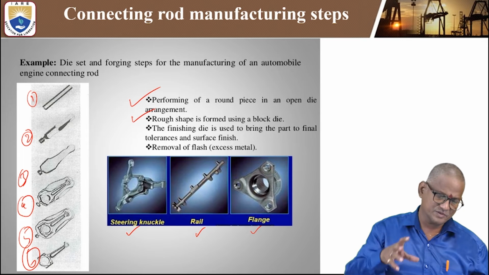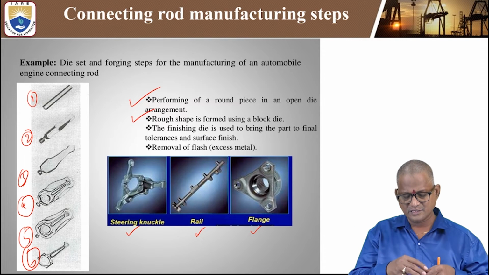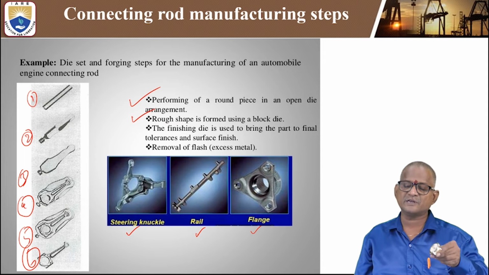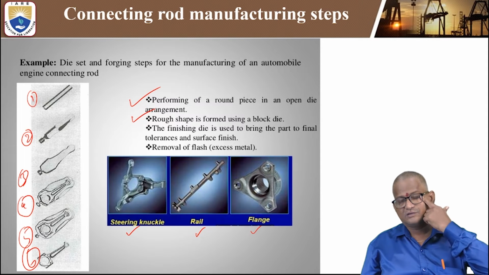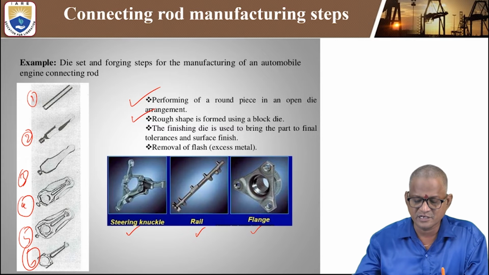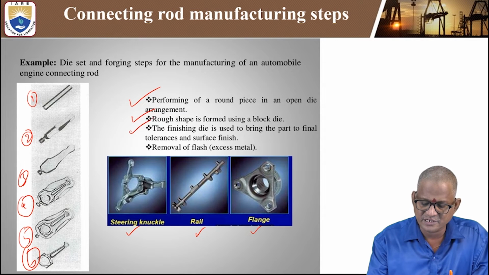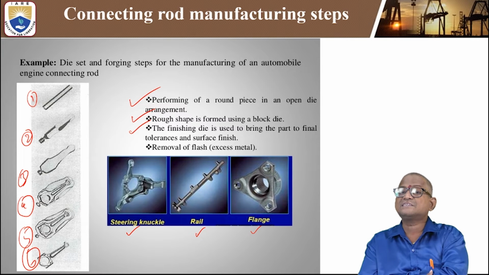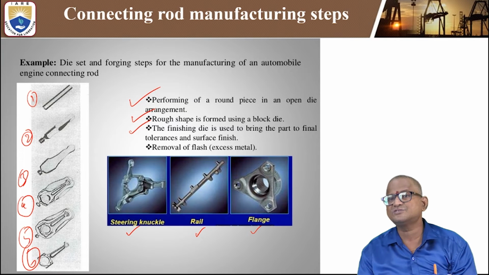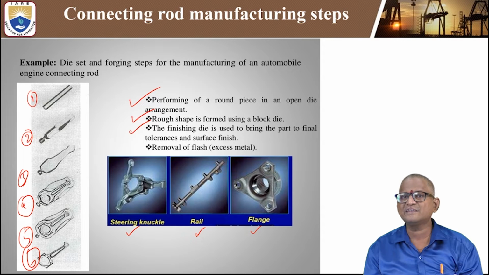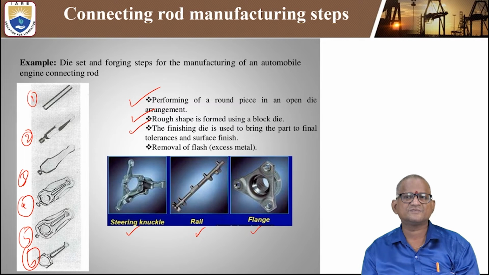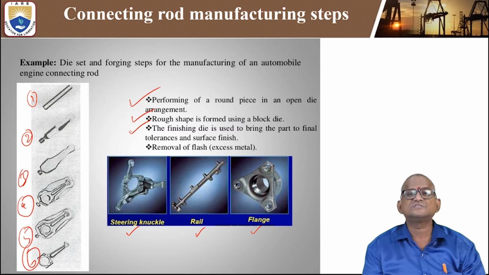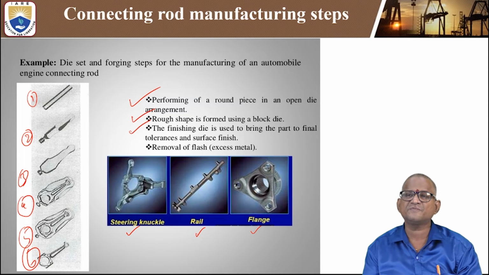A block die means, for example, this is a watch; when you want to apply it here, the same shape can be obtained in this application. The third important thing is the finishing die, which is most widely used to bring the part to final tolerances and surface finish. Obviously, these die sets and forging steps are very essential in manufacturing.